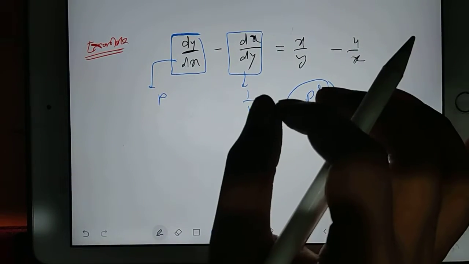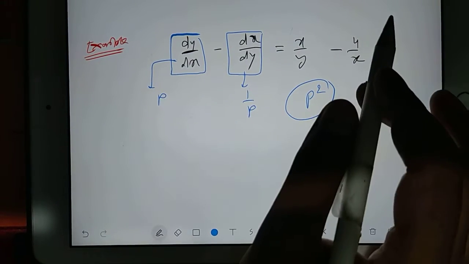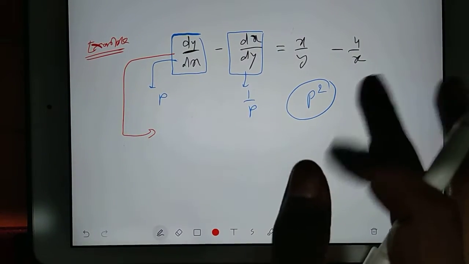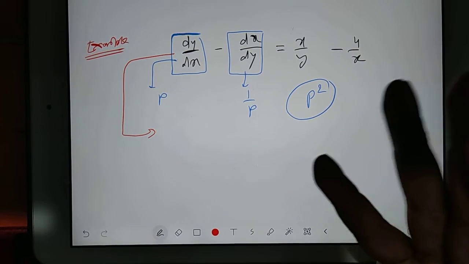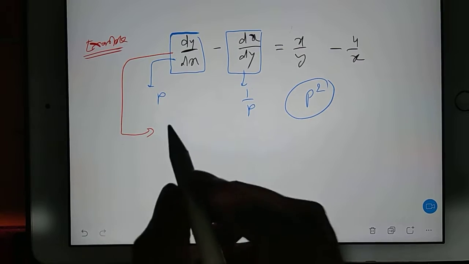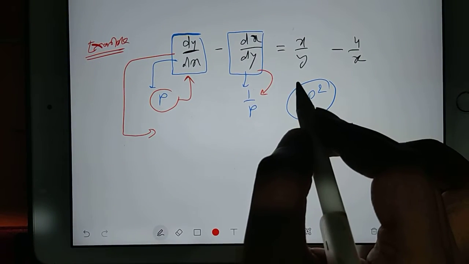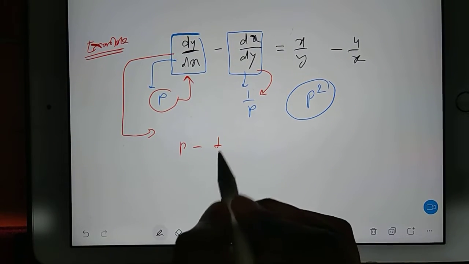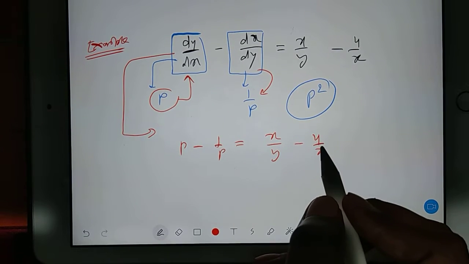So we have to make some changes in the question. What kind of possible changes, so that we can grow in the solution part very smoothly. Otherwise, if you don't have proper practice, you may mess up your own solution. So I am considering this part as p, so this part will automatically be 1 by p. So I can write my equation as p minus 1 by p is equal to x by y minus y by x, as it is.